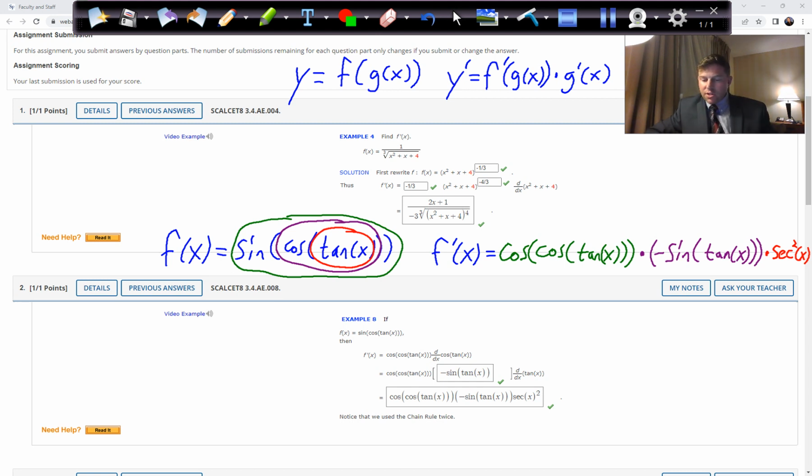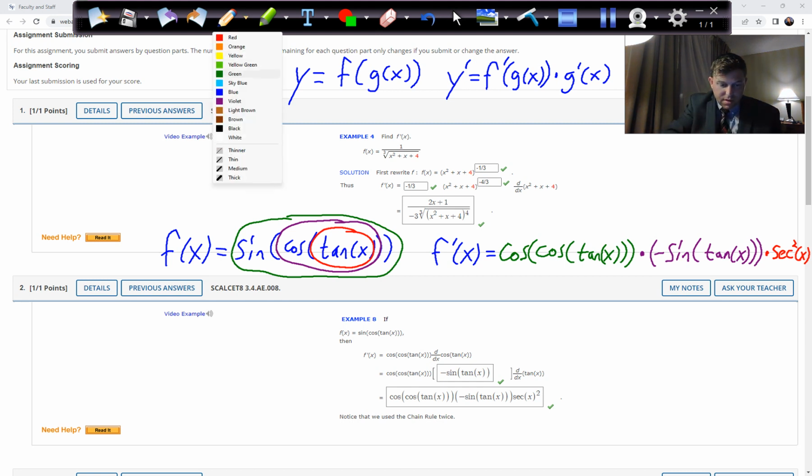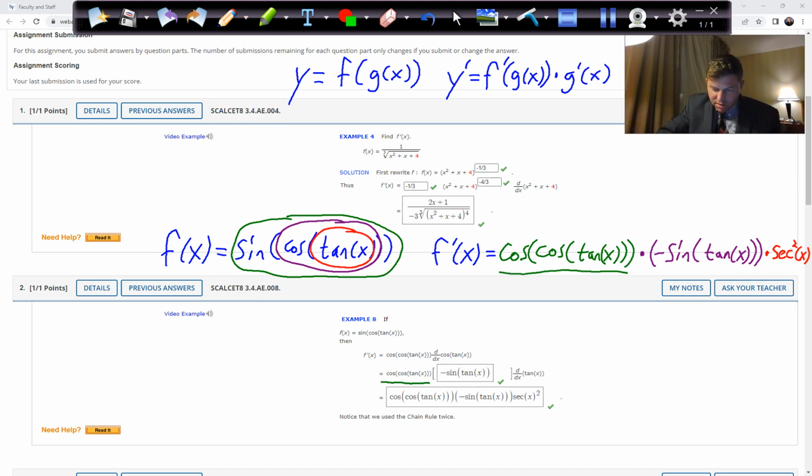So hopefully the color can show us what we're looking for. So let's try to match it up. So they gave us green. Green was this term right here, so we see those match. Then we had to type in the box the purple part, so right there. And then the last part is to put it all together.